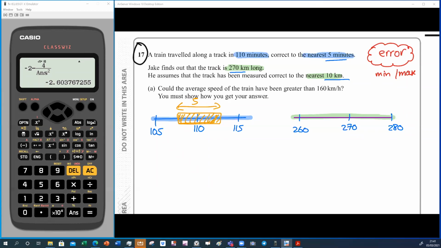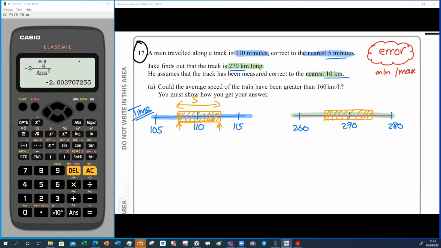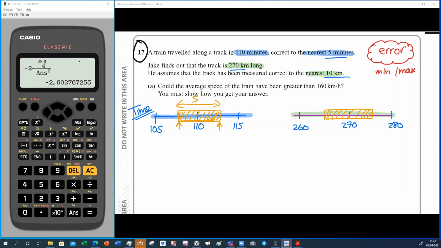And similarly here. I need you to establish for me the minimum value and the maximum value of the time part. What could have been the minimum time? 107.5 minutes. Beautiful. And what could be the maximum one?